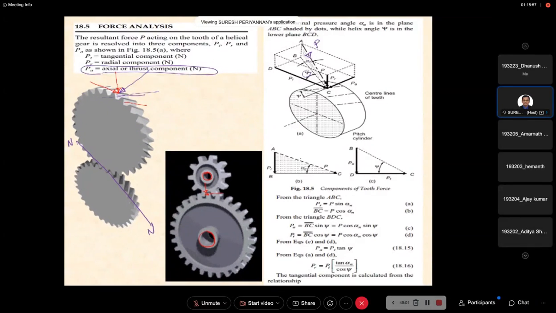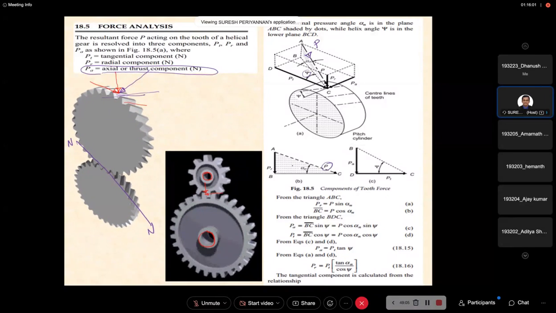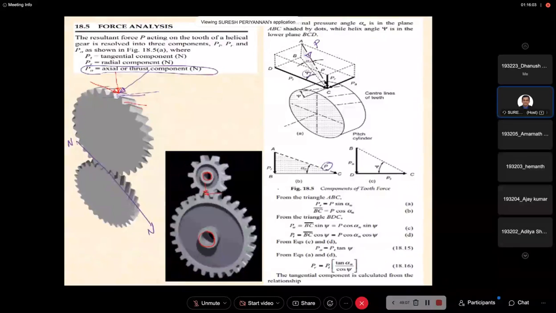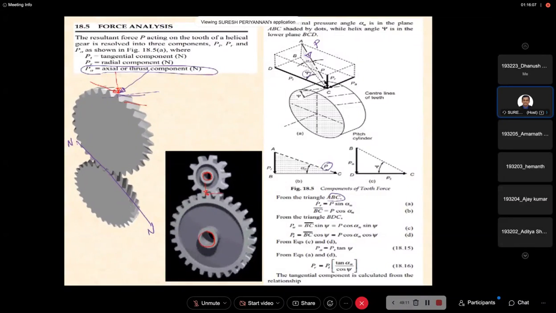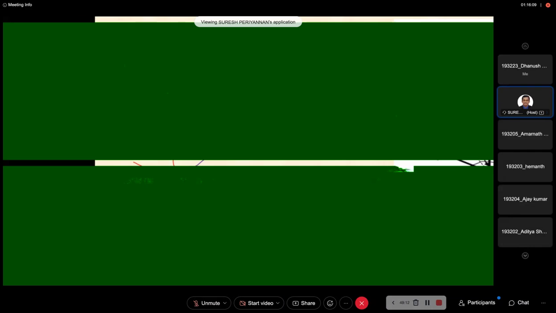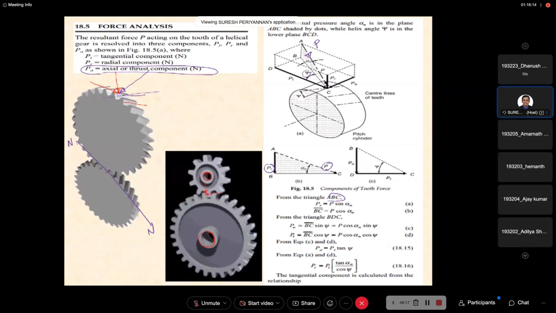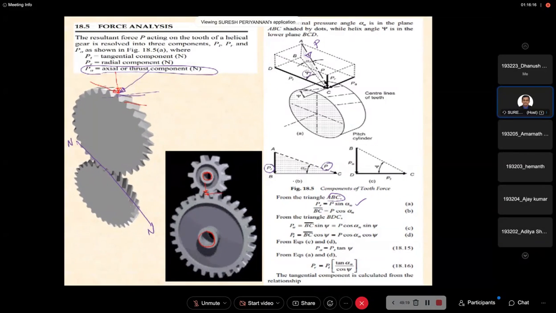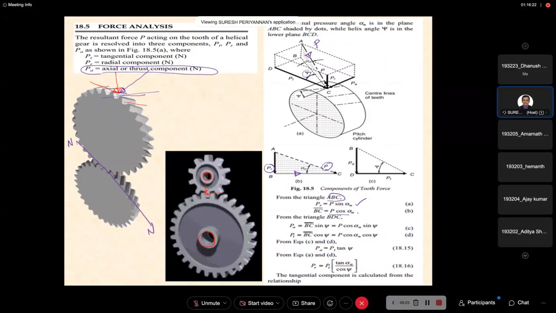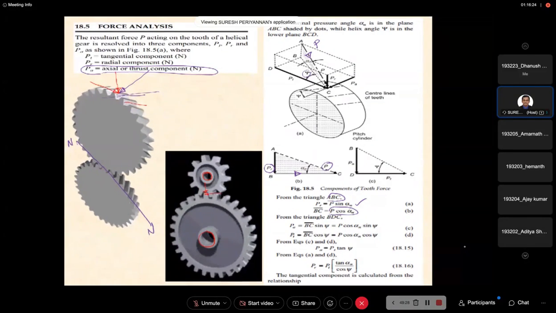This is our component P, the resultant component. What is the angle? Alpha n. From this triangle ABC, PR is equal to P into sine alpha n. Then what is BC? BC is nothing but P into cos alpha n. Just keep that in mind.